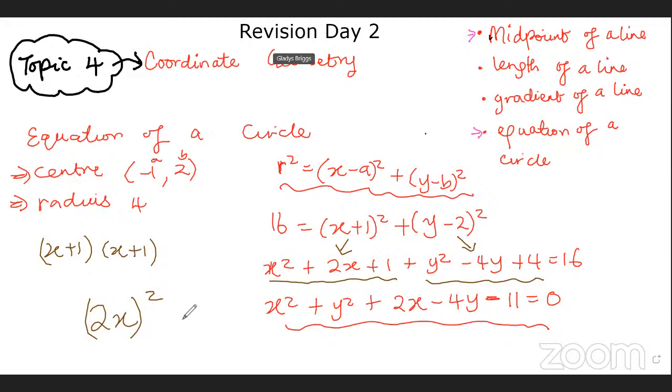There's something in between. 5x plus 2 squared is different to this one. You can't just apply that index law rule to that one like that. Okay? You have to expand it first. Yeah, I got it. Yeah, okay.